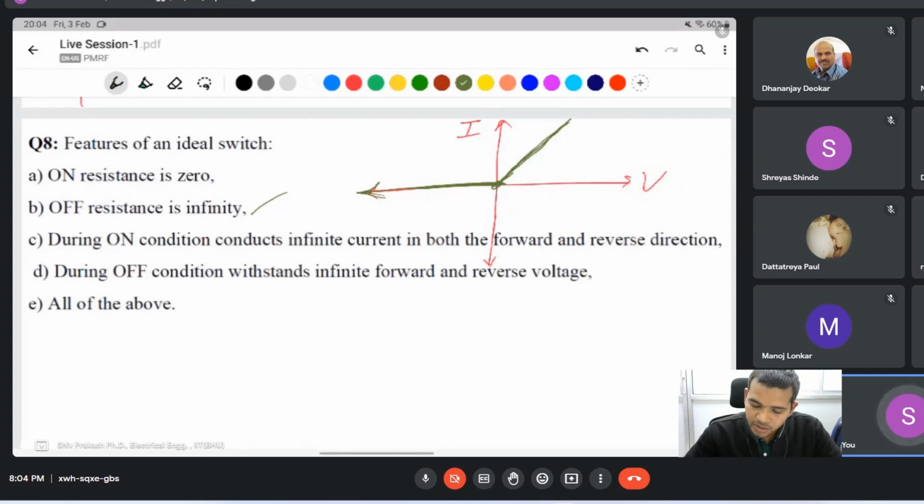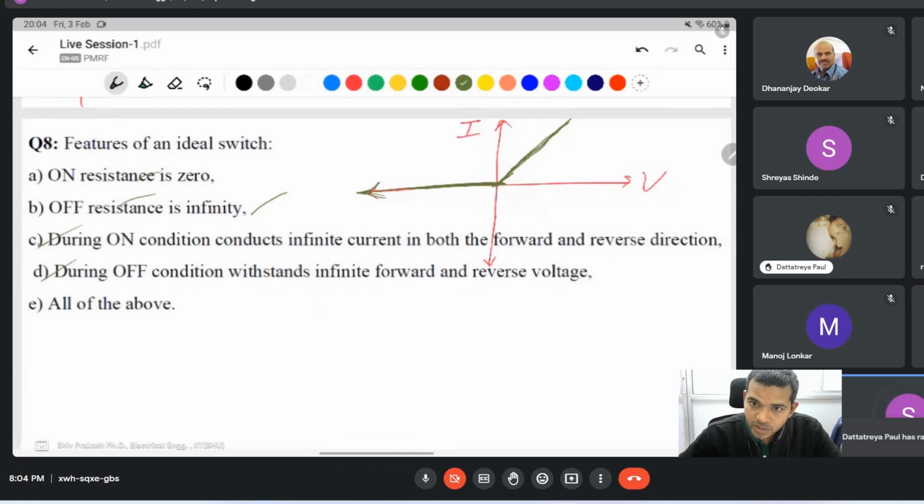It means you apply a voltage in any direction, and it will conduct infinite current at any voltage, not requiring a forward voltage. And during the off condition, it withstands infinite blocking voltage, in both directions.